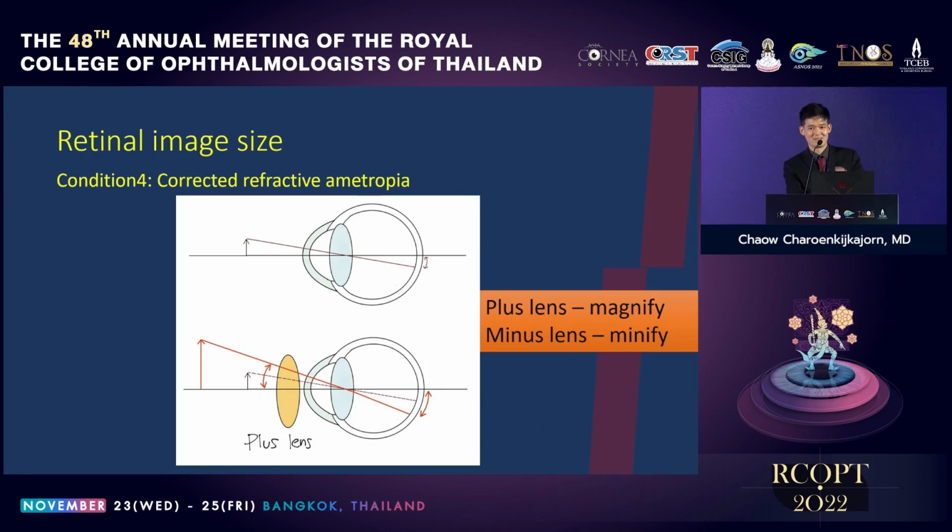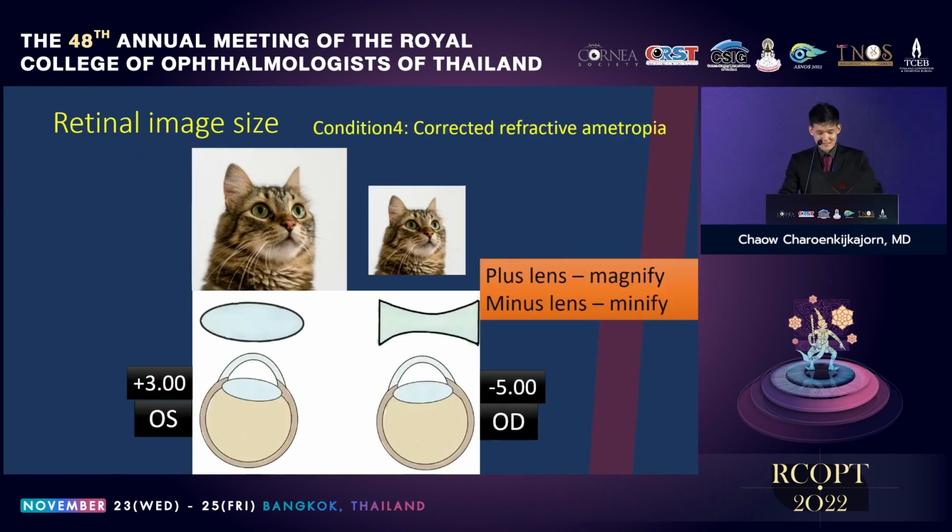Imagine looking through a magnifier. So in the same example, we put the plus lens on the left eye, so the left eye sees things bigger. We put the minus lens on the right eye, and it sees things smaller.